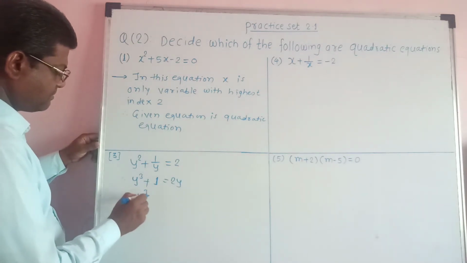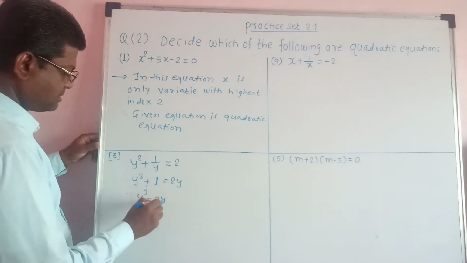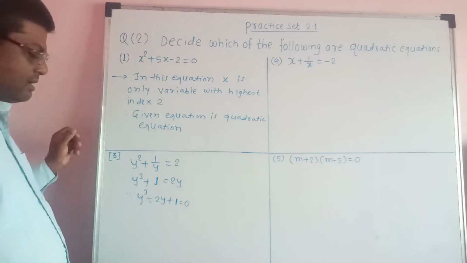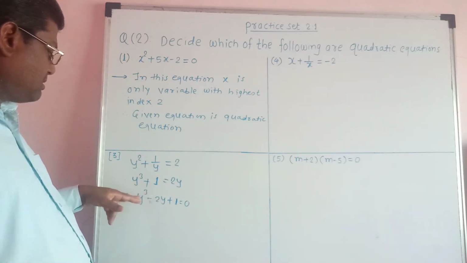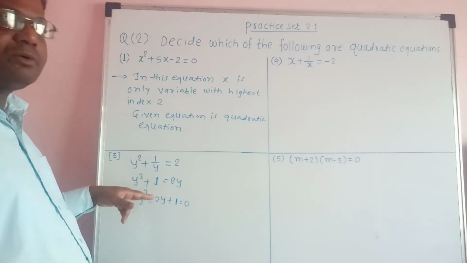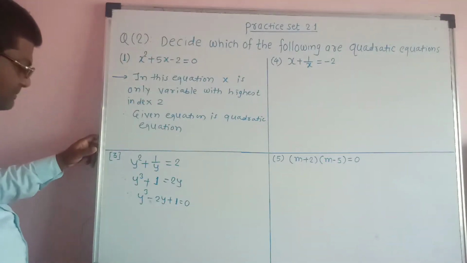Therefore, y cube minus 2y plus 1 is equal to 0. Now see this equation. In this equation, the maximum index of variable y is 3, not 2. Therefore, this is not a quadratic equation.